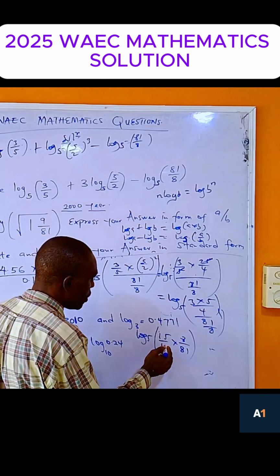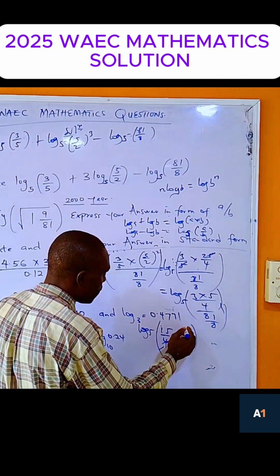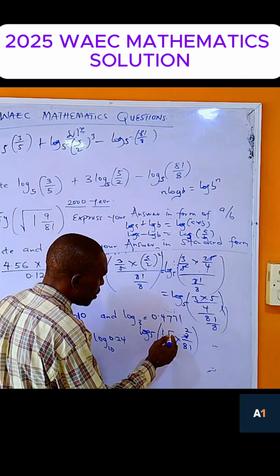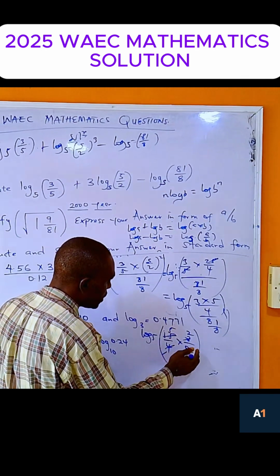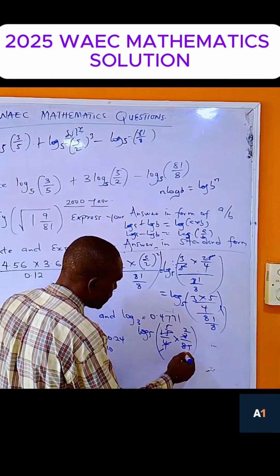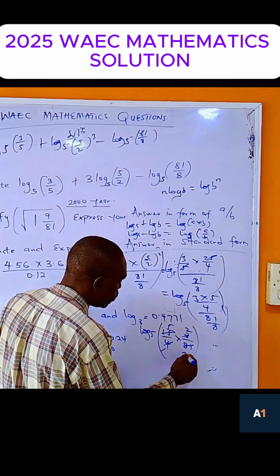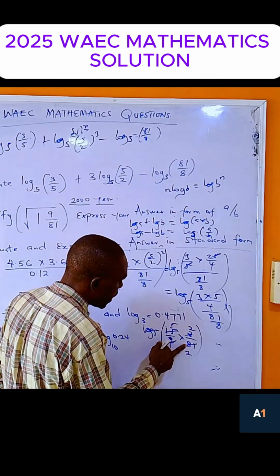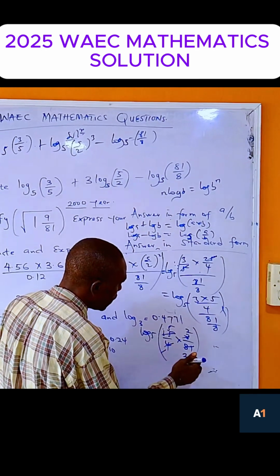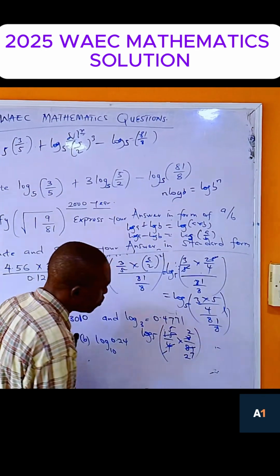Now the next thing: 4 in 8 we have 2, then 3 in 21 we have 7.